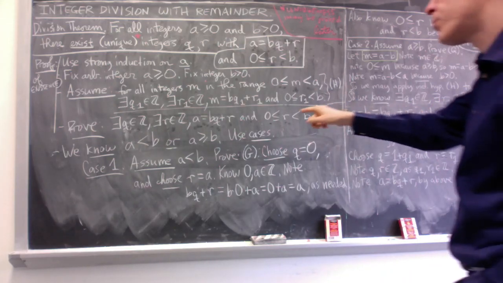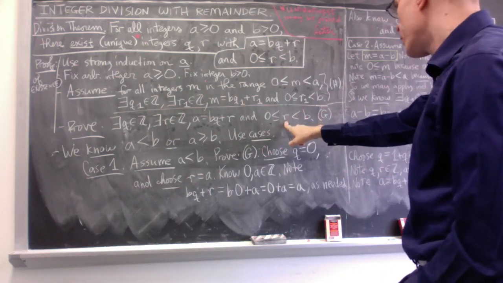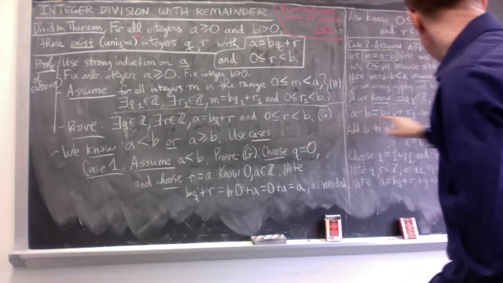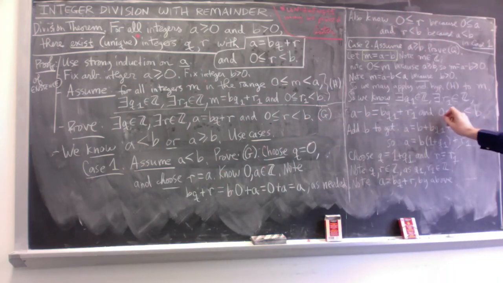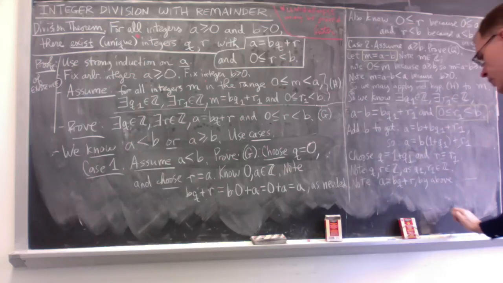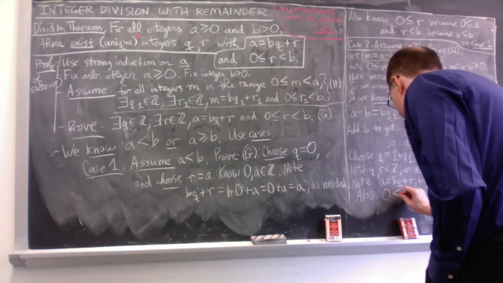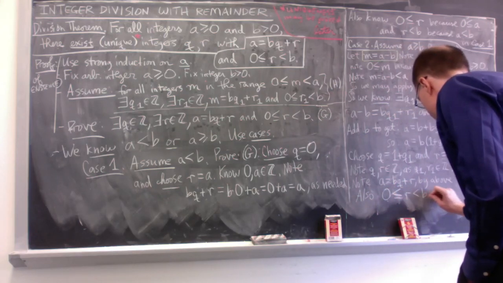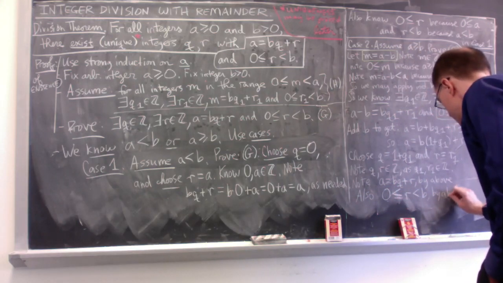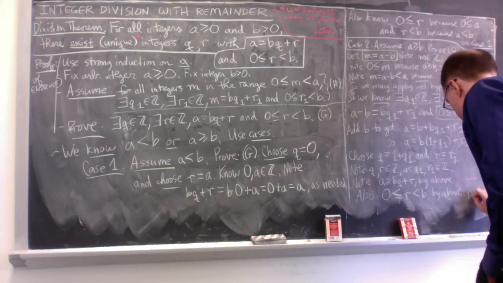And what else do we need to prove? We have to have 0 less than or equal to r less than b, but because r is equal to r1, we already know that about r1, so it's still true for r. And so suddenly we're done.